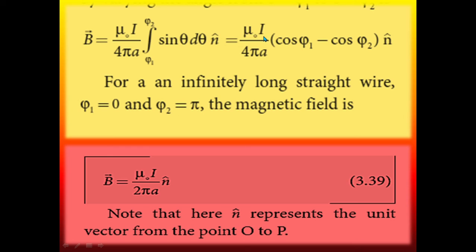Now integrating the sin theta term, sin theta becomes minus cos theta. So substituting the limits, B vector is mu naught I divided by 4 pi a, cos phi 1 minus cos phi 2, into n cap.